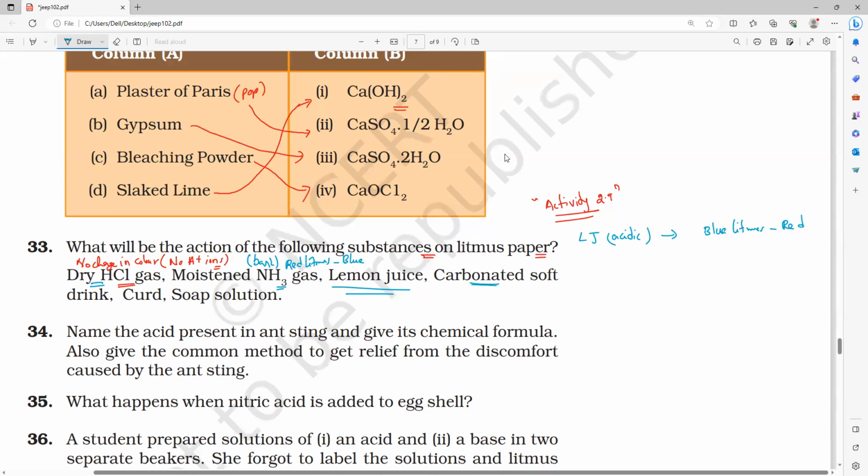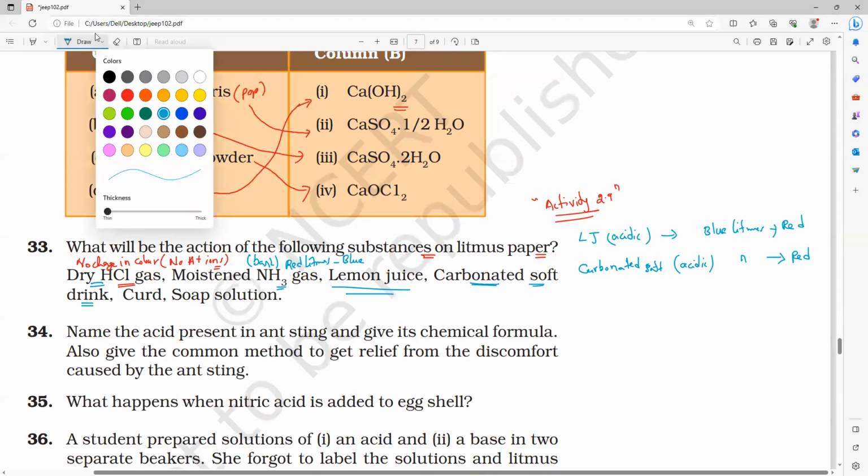Next, carbonated soft drinks. What is that, everybody? Acids. Carbonated soft drinks are acidic in nature, so they convert blue litmus to red. Next, curd.